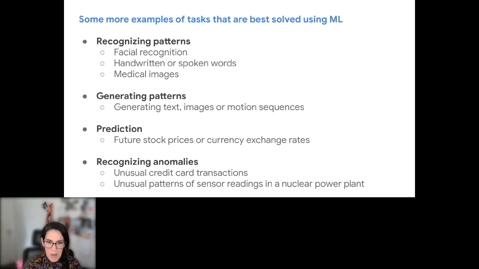So for example, we can use machine learning in cybersecurity, for credit card transactions, for example, unusual patterns of sensor readings, and a bunch of other applications. So machine learning is again a very interesting, fun, and useful domain and skill to have nowadays.